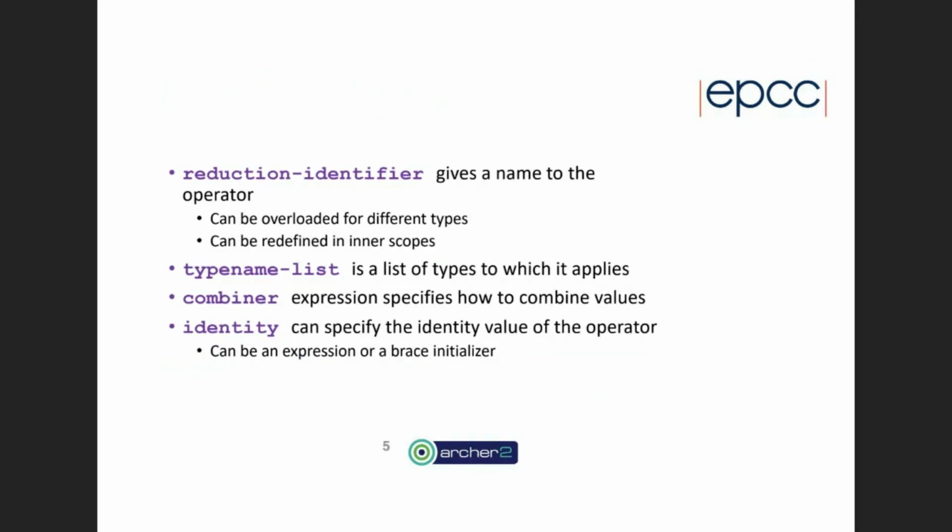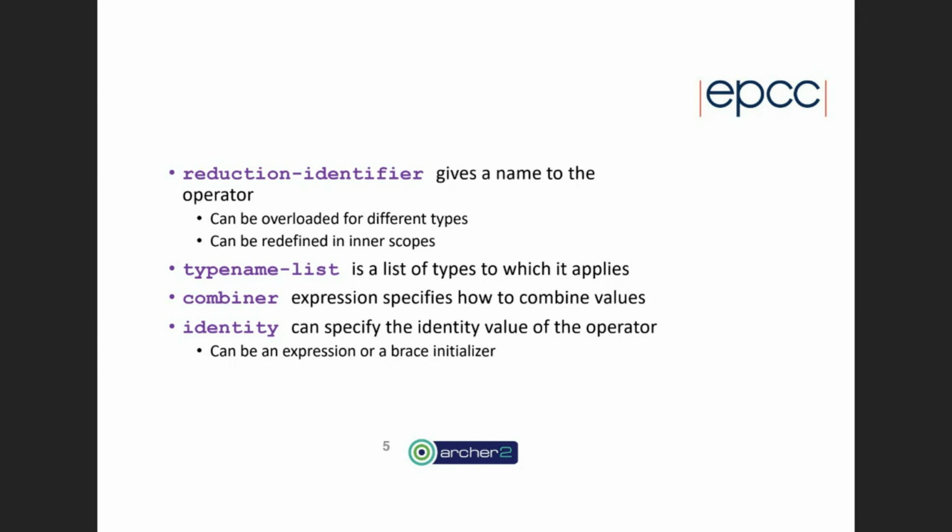Okay, so in a bit more detail, the reduction identifier gives a name to the operator. You can overload that for different types, and you can also redefine that in inner scopes. The type name list is just a list of all the types to which it applies. The combiner expression specifies how to combine values.